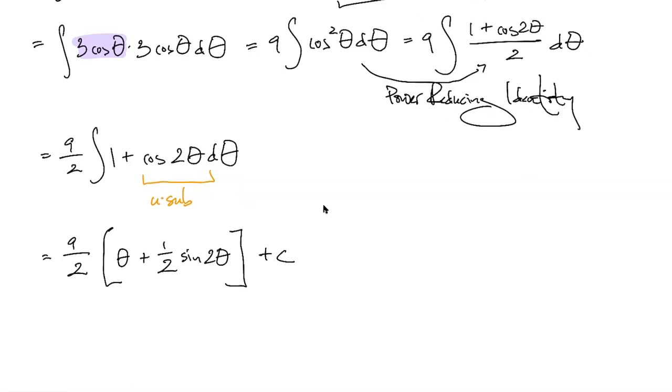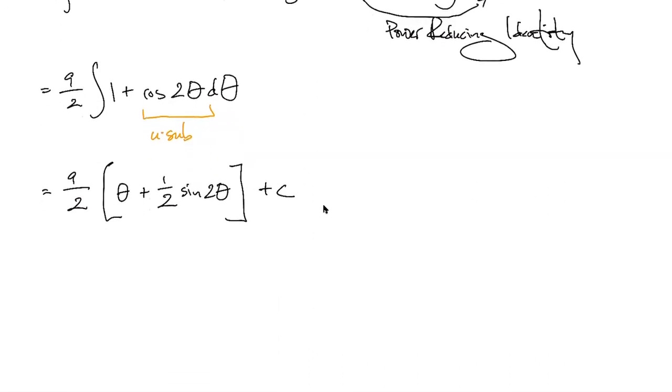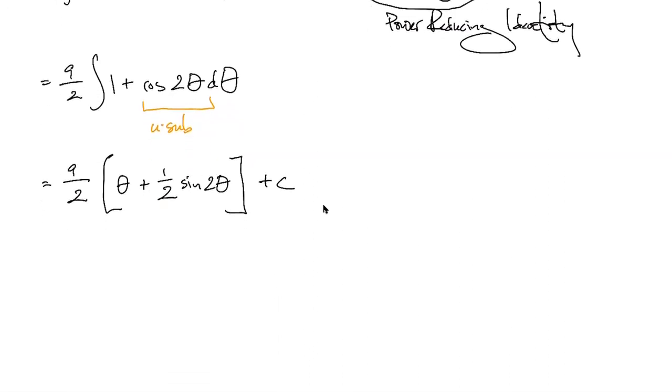Now, if you want to, you can substitute at this point. So everywhere we have the thetas, we just need to get it back in terms of x's. But one of the things that we need to be cautious about here is this double angle part, okay?